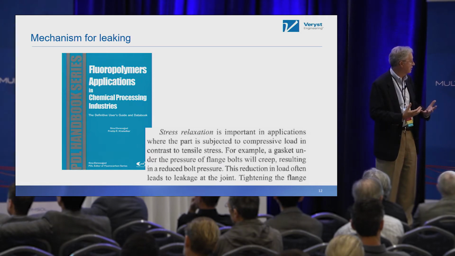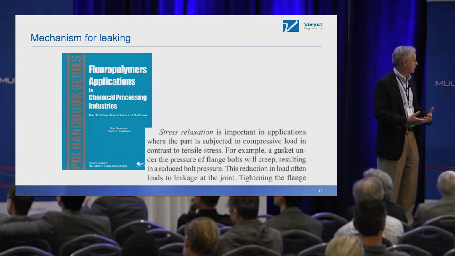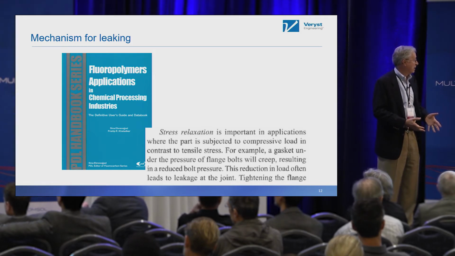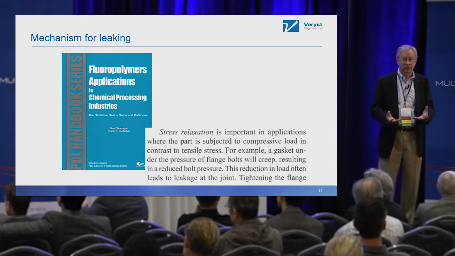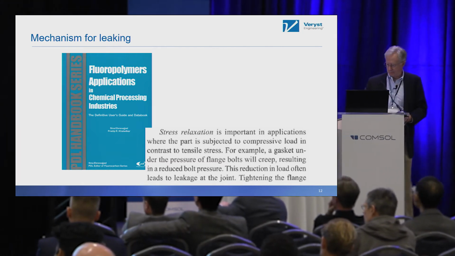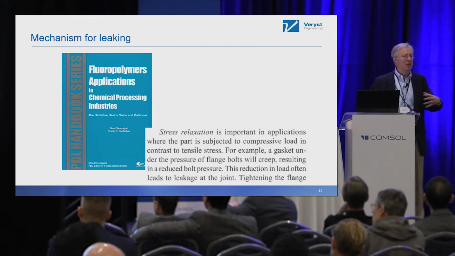It states that stress relaxation is an issue. For example, a gasket under pressure, and these are pressurized, can creep, which leads to reduced bolt pressure, and that can cause leakage. So there's a known mechanism, there's a known deviation.